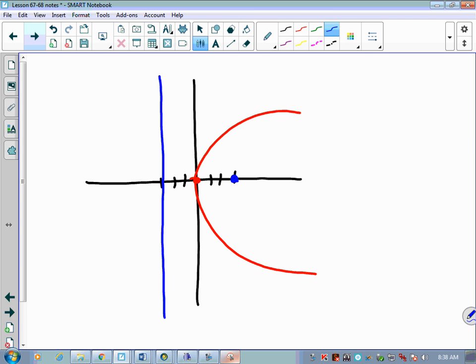So my focus coordinate is 3, 0. They're going to ask for a few different things with these questions: what is the equation of the directrix, what is the equation of the parabola, what is the location of the focus. Usually they'll give you one thing and ask for two other things. Does that make sense?